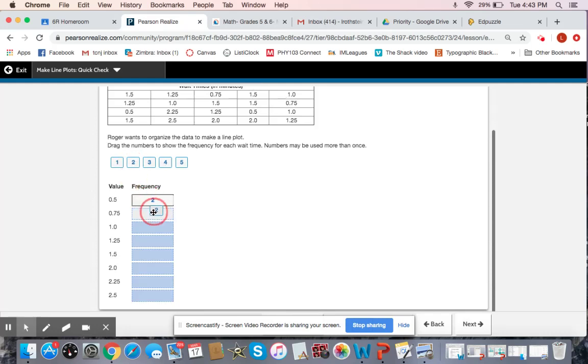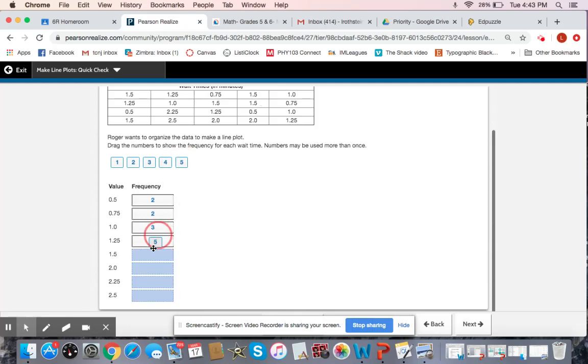So the frequency is 2. 1 shows up once, twice, 3 times. So the frequency is 3. 1 in 25 hundredths, once, twice, 3 times, 4 times. 1.5, once, twice, 3 times, 4 times, 5 times.